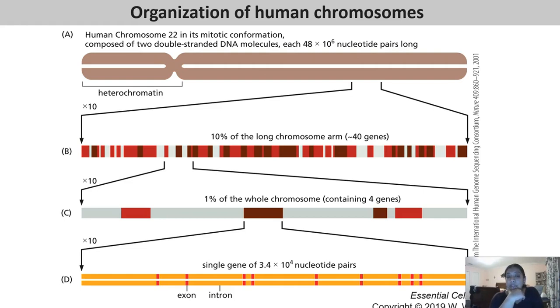And if I were to look at a small portion of it, I see 4 genes in this 1% of the chromosome. Within there, if I look at a particular gene right here, you notice that in this single gene there are, first of all, 340,000 nucleotide pairs, out of which the majority are just introns, and you have these tiny exons that are going to be spliced together to create your final protein product.